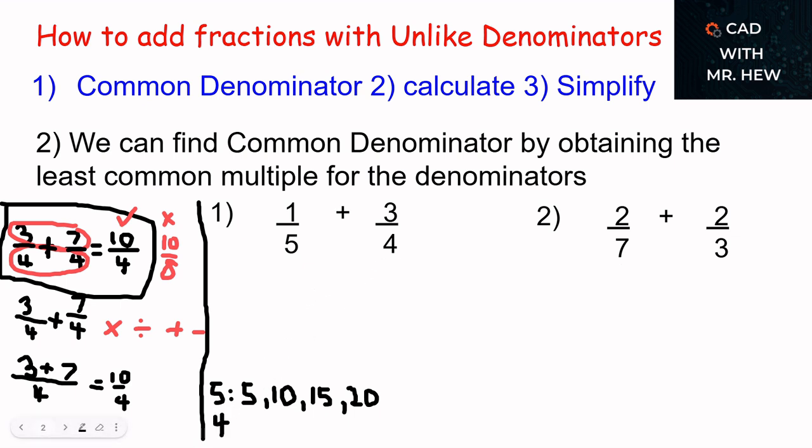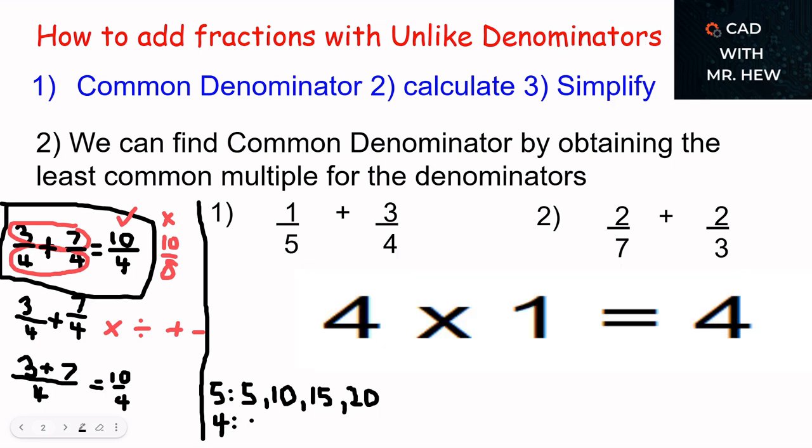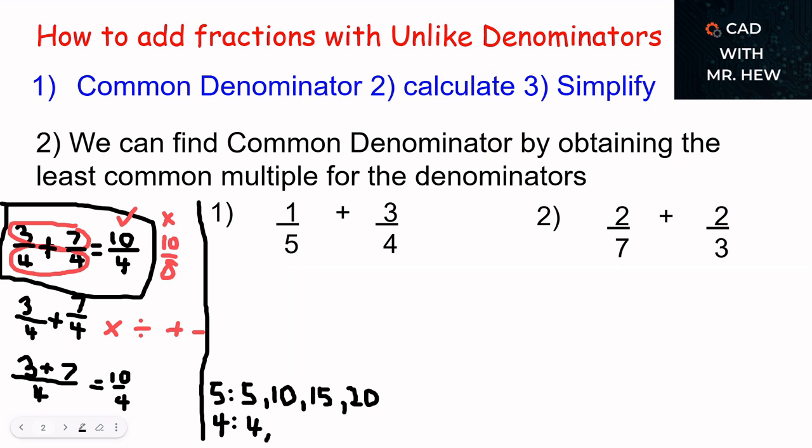So for 4, 1 times 4 is 4, 2 times 4 is 8, 3 times 4 is 12, and this is a comma I'm putting after 12, yes, and 4 times 4 is 16.